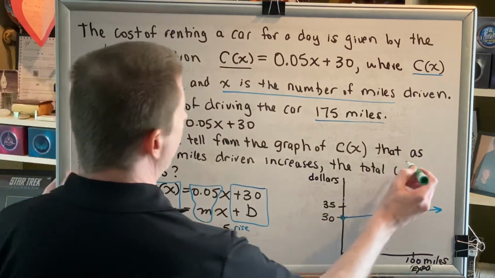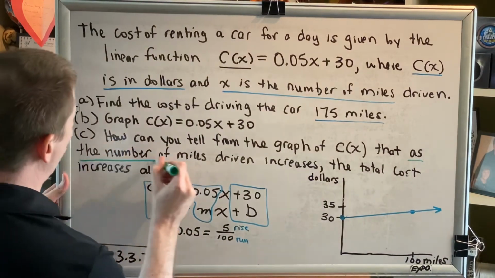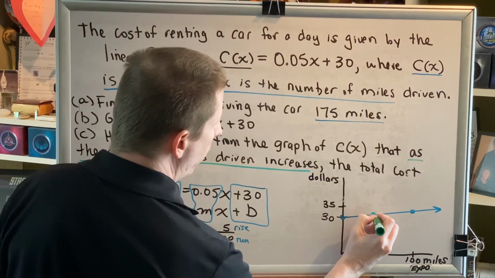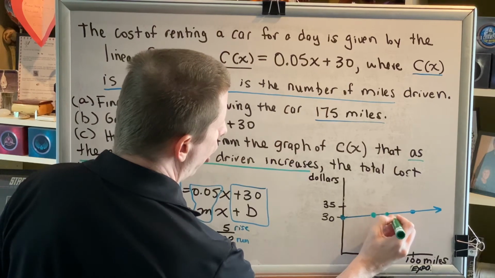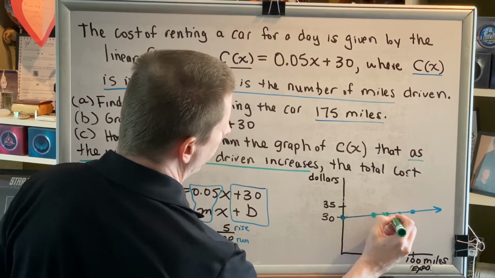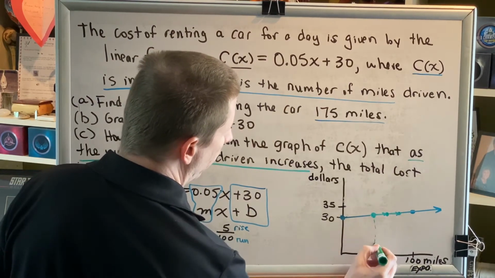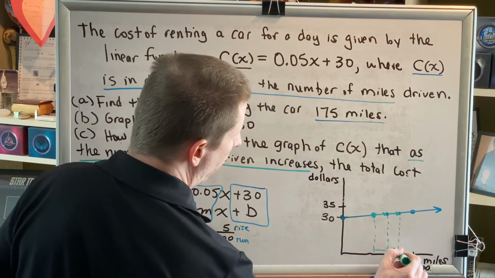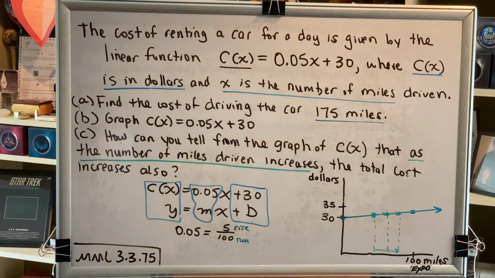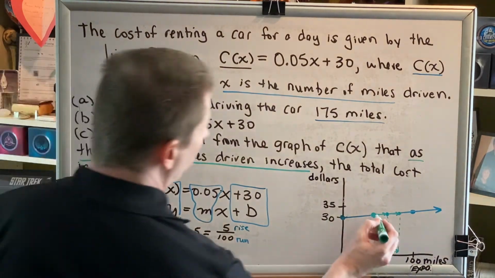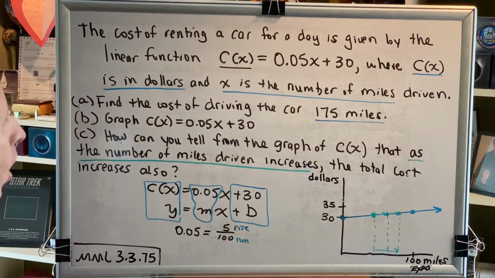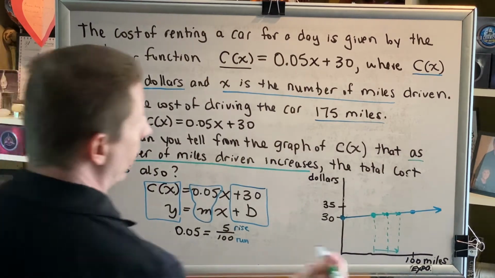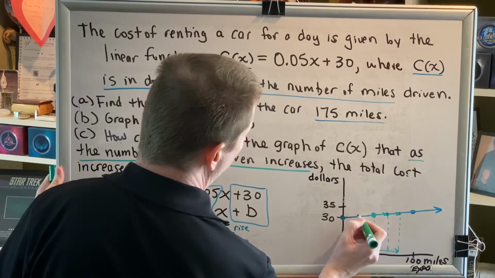So when this says, as the number of miles driven increases, what that is telling us is that we are moving along our graph from left to right, because the number of miles is increasing. As we move from left to right, we also notice that the cost is increasing. It's very slight, but it is going up.